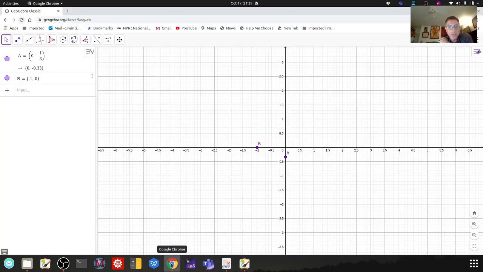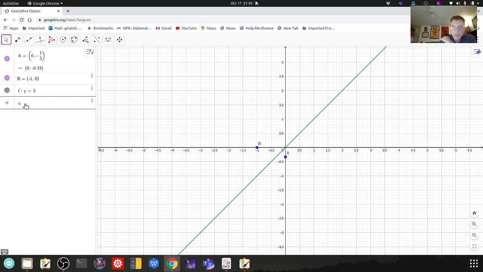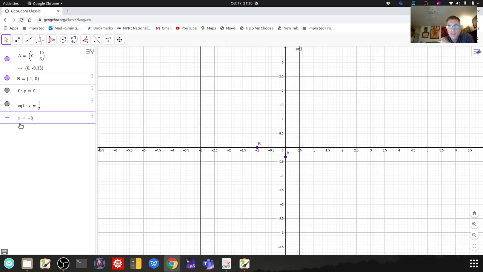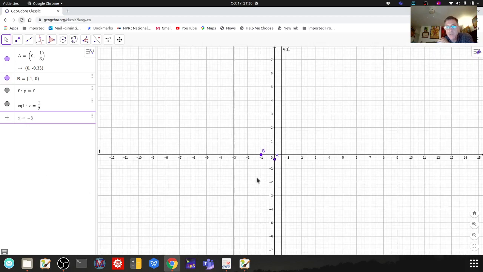Horizontal is y is equal to 0, and vertical is x is equal to 1/2, and then the other one is x is equal to minus 3. So we know it's going to be doing some weird stuff. These are our vertical asymptotes, so they can't cross. Whatever goes on between these 2 lines, it's never going to cross there.